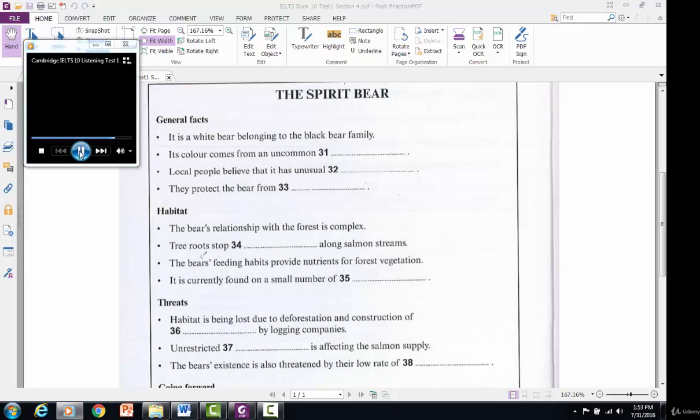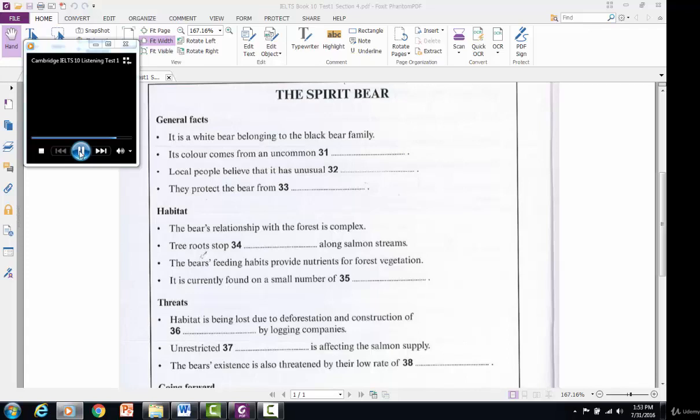Local people have named it the spirit bear, and according to the legends of these communities, its snowy fur brings with it a special power. Because of this, it has always been highly regarded by them, so much that they do not speak of seeing it to anyone else. It is their way of protecting it when strangers visit the area.